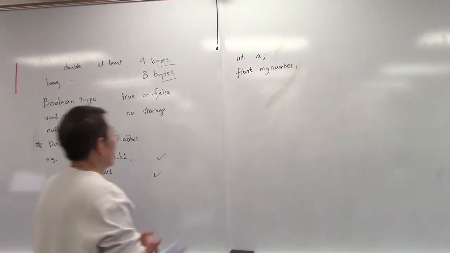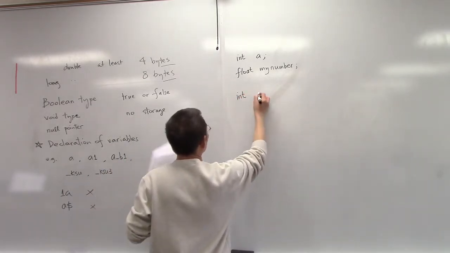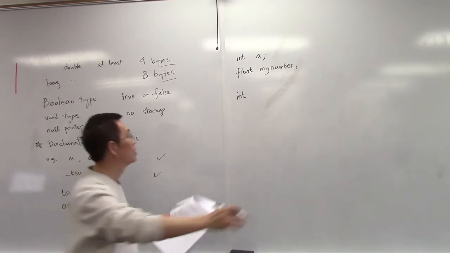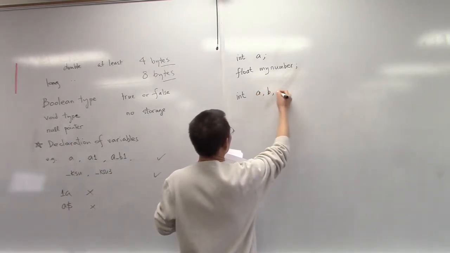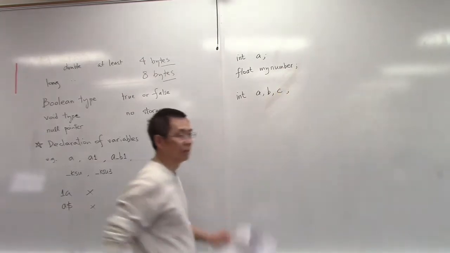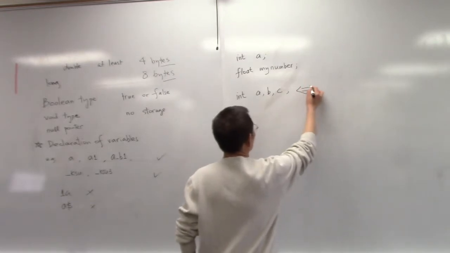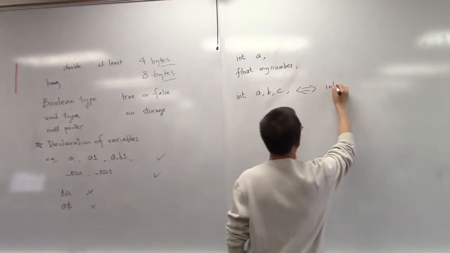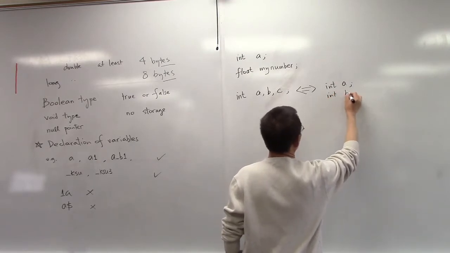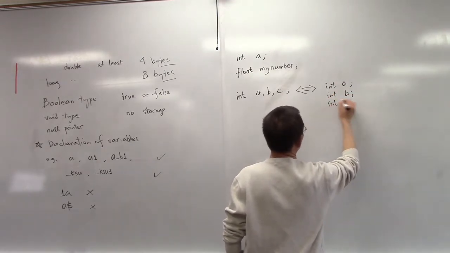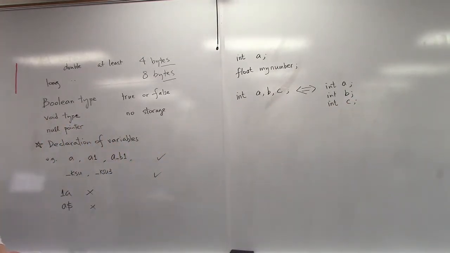Now, you can also declare a list of variables together separated by comma, like int A, B, C. This is totally equivalent to declaring these three separately: int A; int B; int C. So these two are completely equivalent.